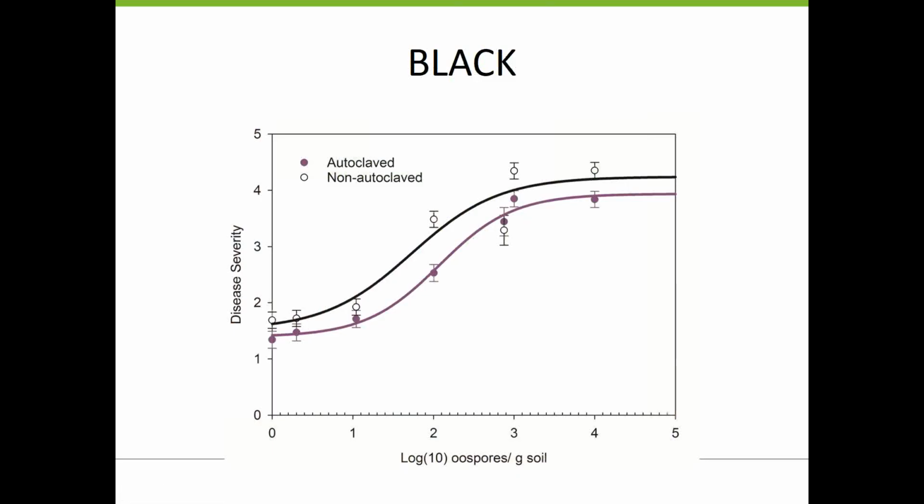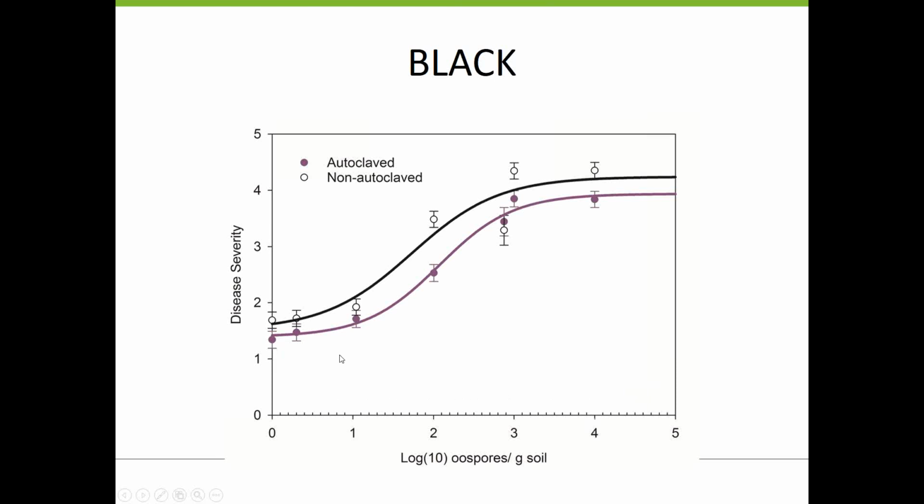So we go back to good old mathematics, and I don't know if I have ever had to work with a sigmoid curve since I maybe took calculus way back in high school. So it took me a little bit to remind myself of how we deal with sigmoid curves and what some of those equations are. But really, we can see that that's how the inoculum is following this kind of classical curve here, where we have our oospores down here ranging from 0, this is 10, 100, all the way up to 10,000.